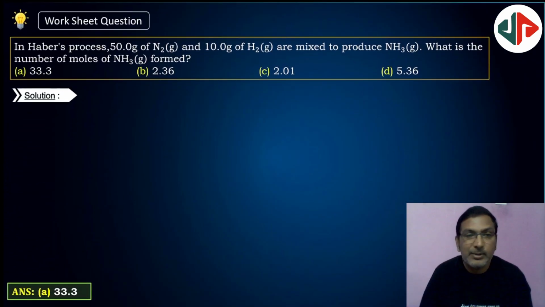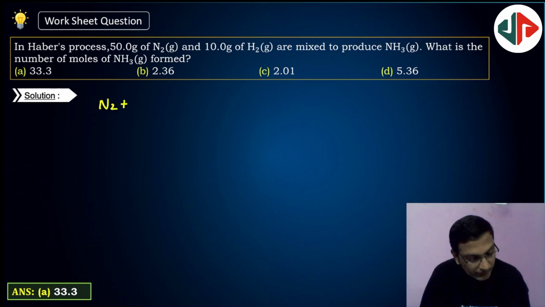In Haber's process, 50 grams of N2 and 10 grams of H2 are mixed to produce NH3. What is the number of moles of NH3 formed? Here first we should find the limiting reagent. N2 plus 3H2 gives 2 NH3.